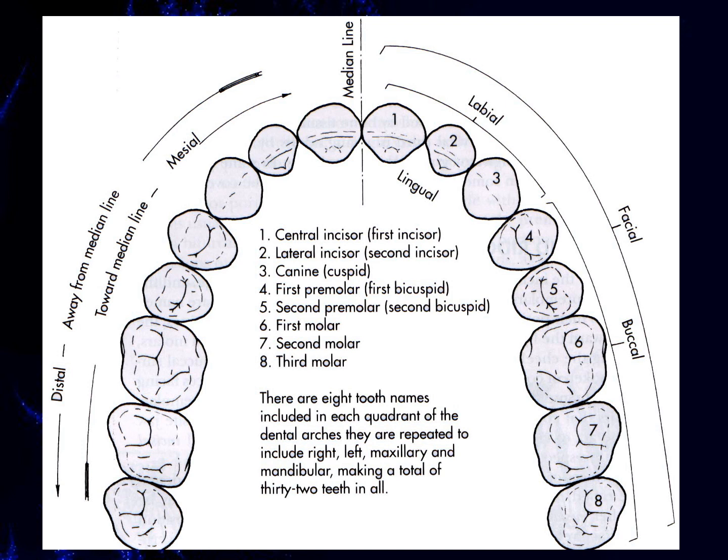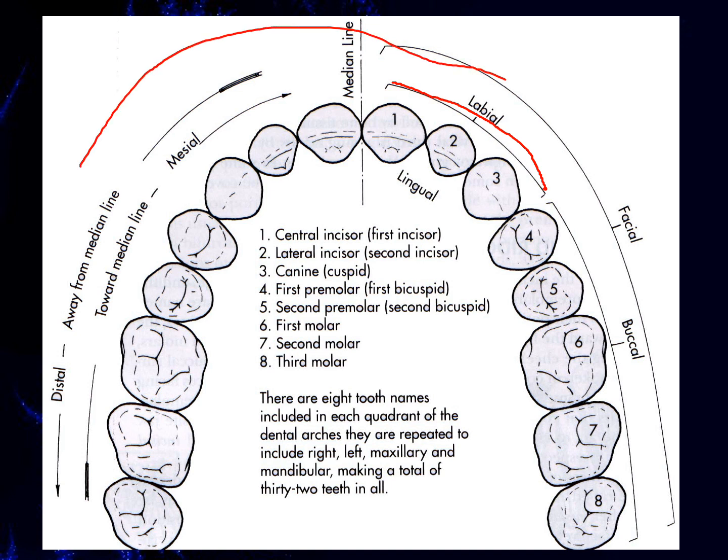As you can see here, we are looking at the maxillary arch from the occlusal surface. This is the occlusal surface, which means the surface that occludes with the other teeth in the opposite jaw. You can see, for example, here, the incisors and the canines.